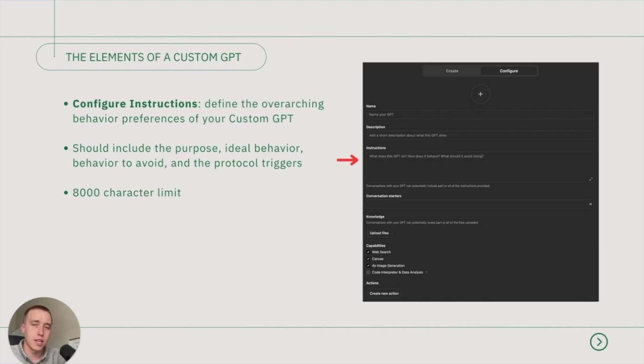That character limit will vary based on the platform that you have, but I'm pretty sure that every platform where you can build custom GPTs will have some character limit. And with the protocol method, we're going to blow through any of those character limits. So critical that we follow this specific framework if we want to build useful custom GPTs.